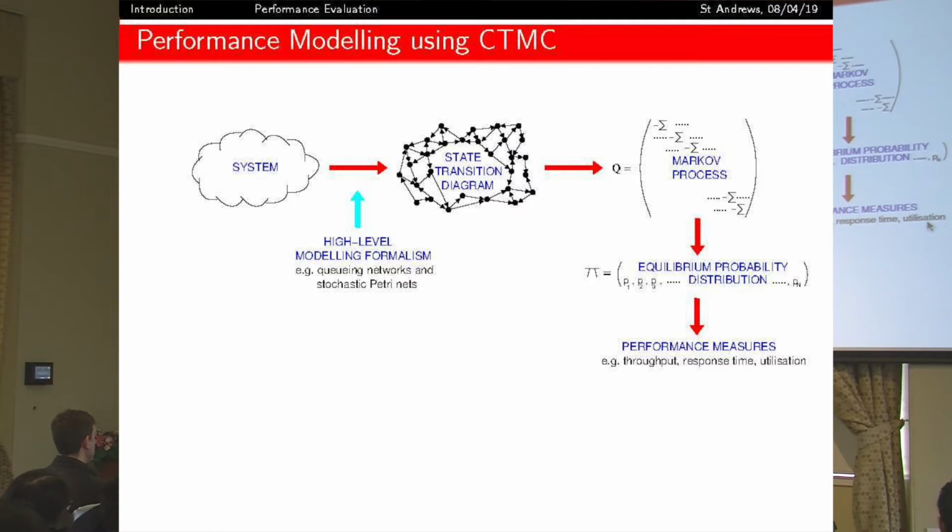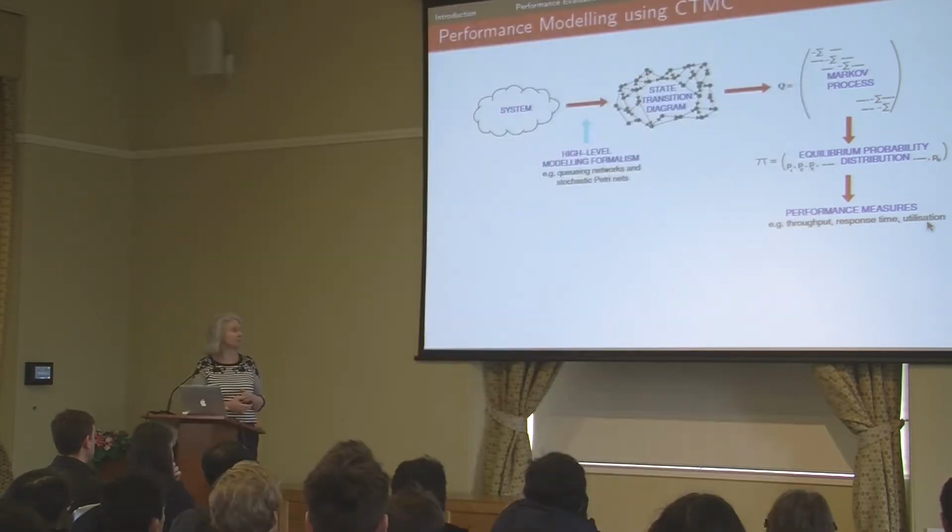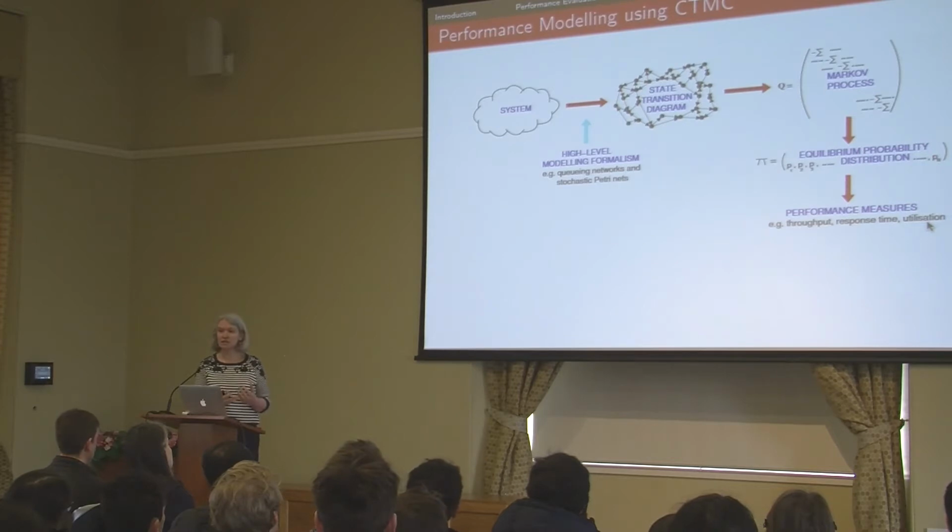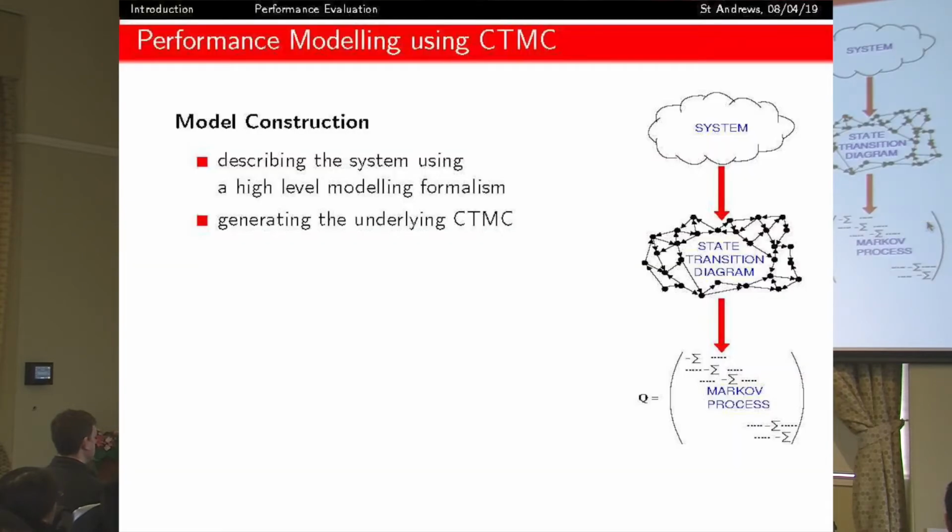And as Juliana mentioned, in the early 90s, people were using queuing networks and stochastic Petri nets as those high-level formalisms. Queuing networks have certain limitations that they only work in terms of queues, but depth processes. Stochastic Petri nets are not compositional. Okay, so the idea was to bring along another formalism that had the benefits of being compositional and formal so that we could do all this automatically without having to build those networks ourselves.